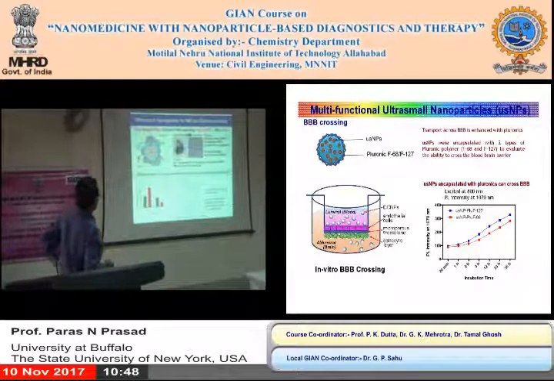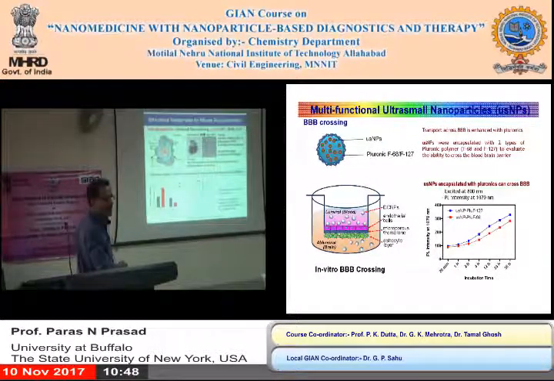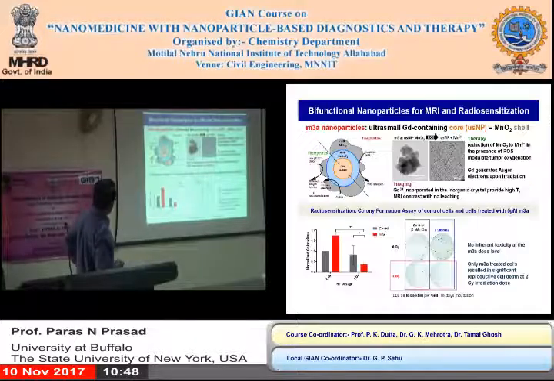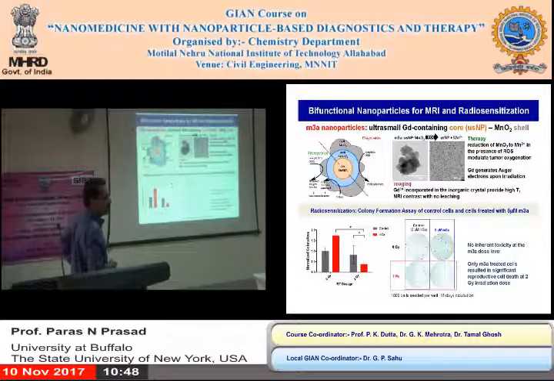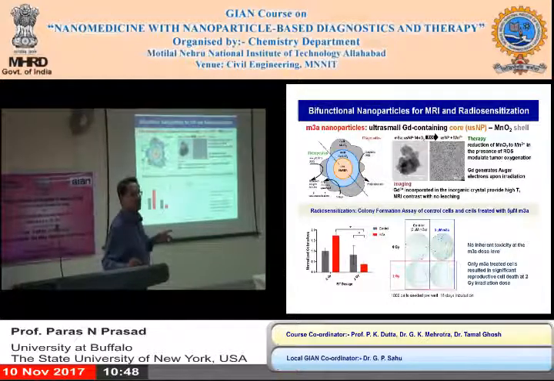Another thing we did, and then we will move on, is that these gadolinium nanoparticles can also absorb X-ray. And when they absorb X-ray, they can release highly energetic electrons locally, and those highly energetic electrons can kill the cancer.